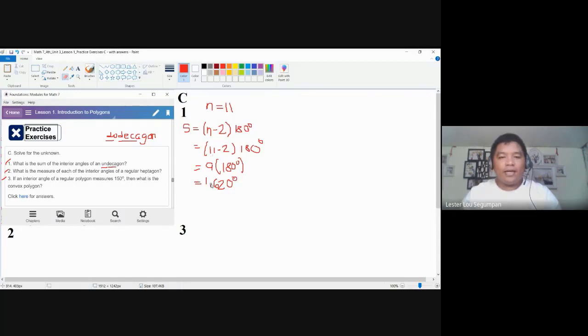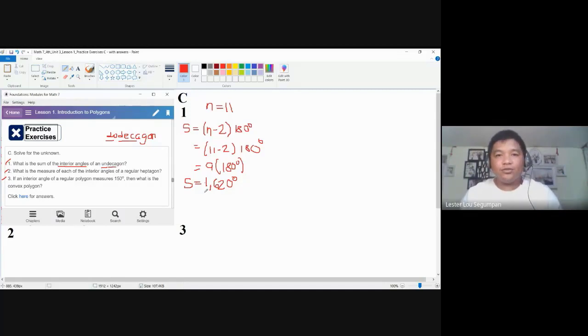This is now the answer for number one, the sum of the interior angles of an undecagon. Take note that our unit here is degrees because we are talking about interior angles, and the unit of measurement for angles is degrees. So this is the answer for number one.